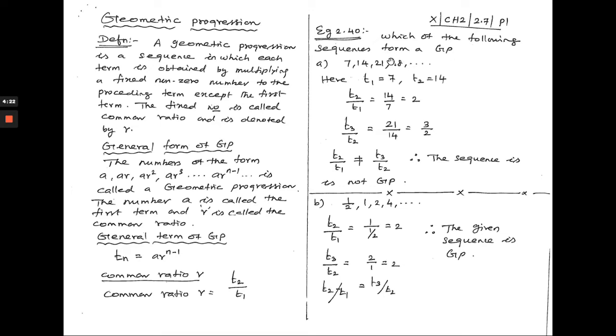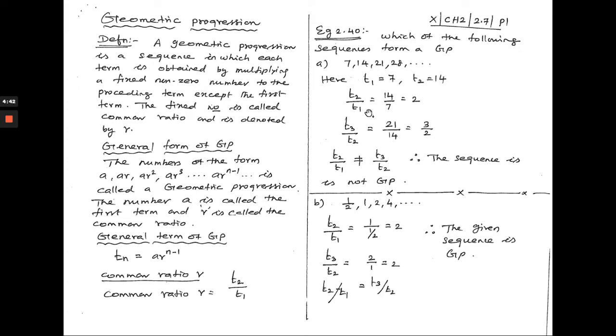Here the sequence is 7, 14, 21, 28, etc. If the common ratio is common, then the given sequence is in GP.